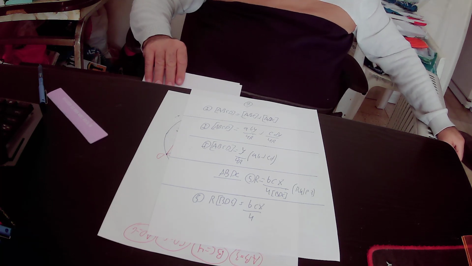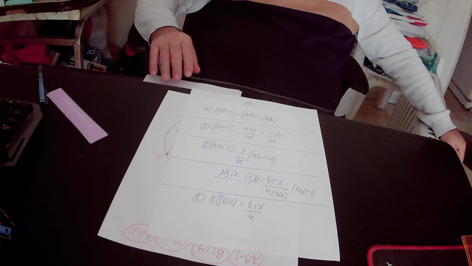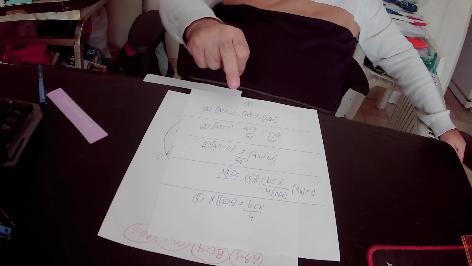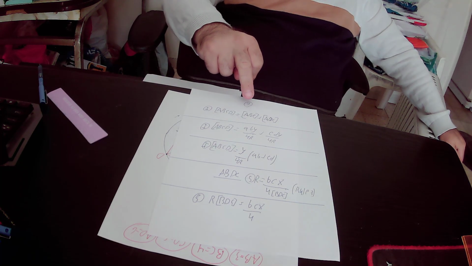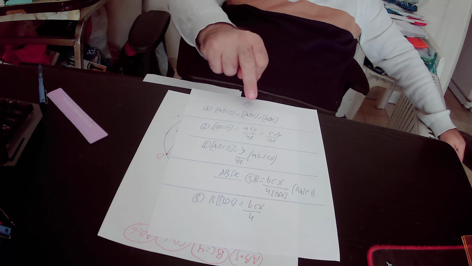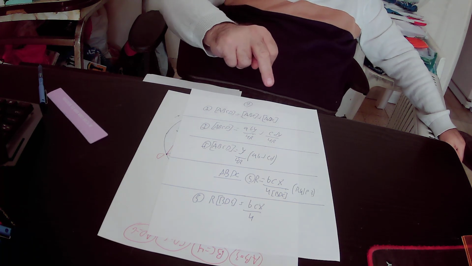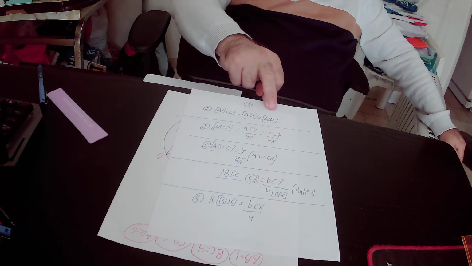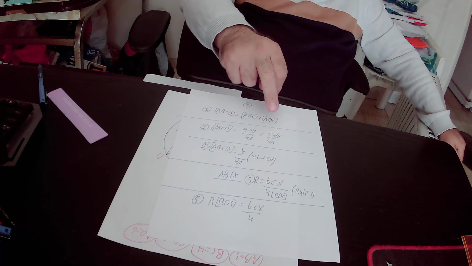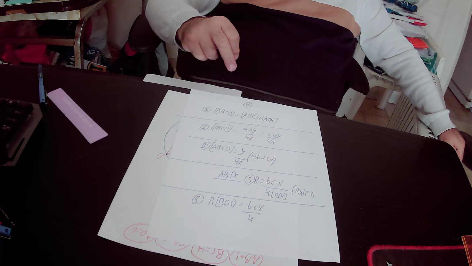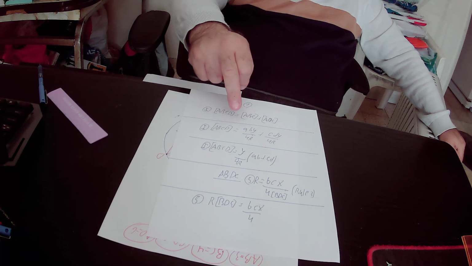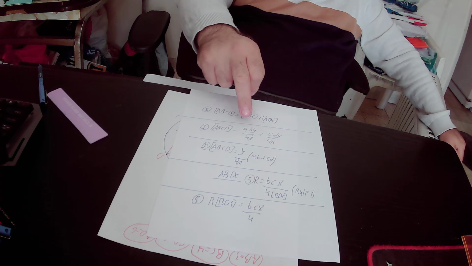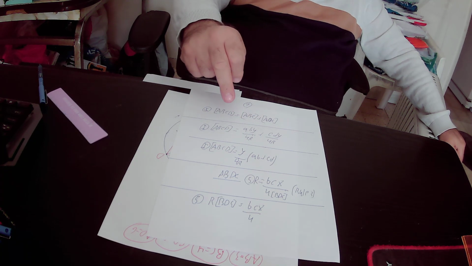So here, the area of quadrilateral ABCD equals the area of triangle ABC, but we have already found out that the area of triangle ABC equals ABY over 4R, plus the area of triangle ADC. We have already found out that the area of triangle ADC equals CDY over 4R. Here we took a common factor of Y over 4R out of this equation number 1.